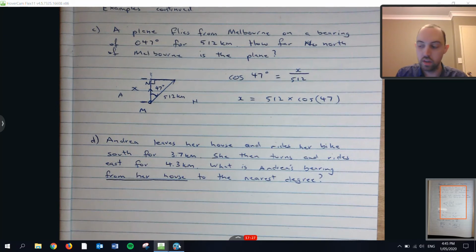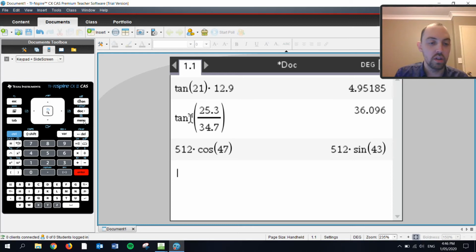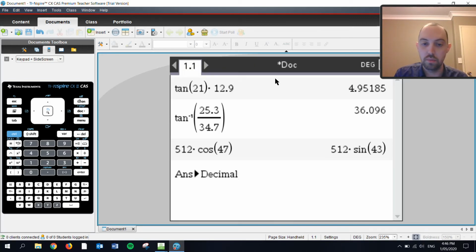Back to the calculator. 512 times cos of 47. Alright, it's giving me an exact answer, which I would like to convert to decimal.